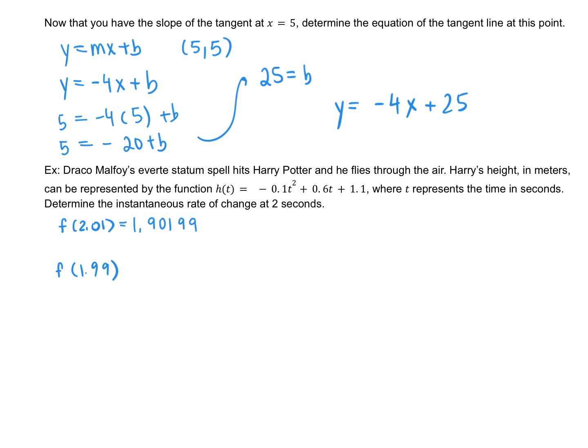You're going to notice I'm not rounding anything, or else that will mess up my accuracy. And I do recommend, pause the video, make sure you punch it into your calculator properly and that you get the same thing as I do. And then we'll do the same thing for 1.99. Punch it in, both t's, watch your exponents and your brackets, and we get 1.89799.